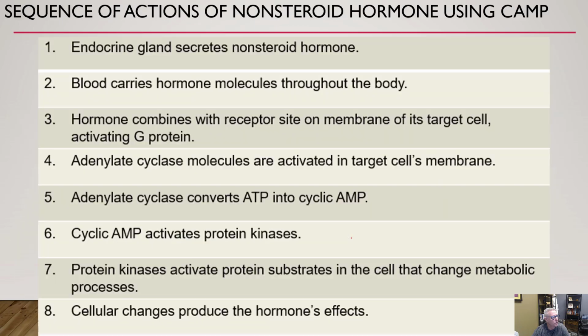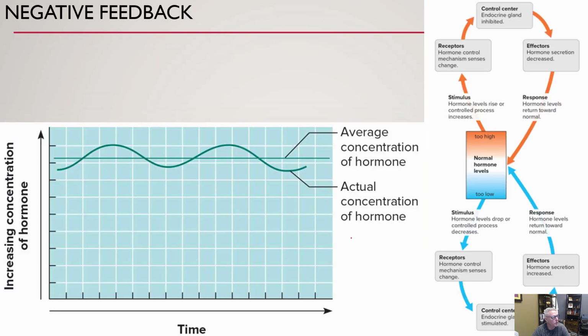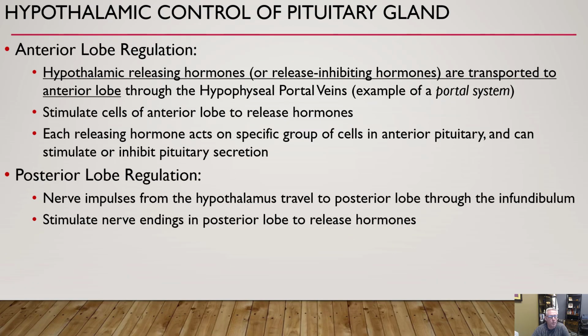All right, so for the posterior lobe, remember, it's part of the nervous system. So we have nerve impulses from the hypothalamus that travel to the posterior lobe through the infundibulum. And remember that infundibulum is that little stalk thing.